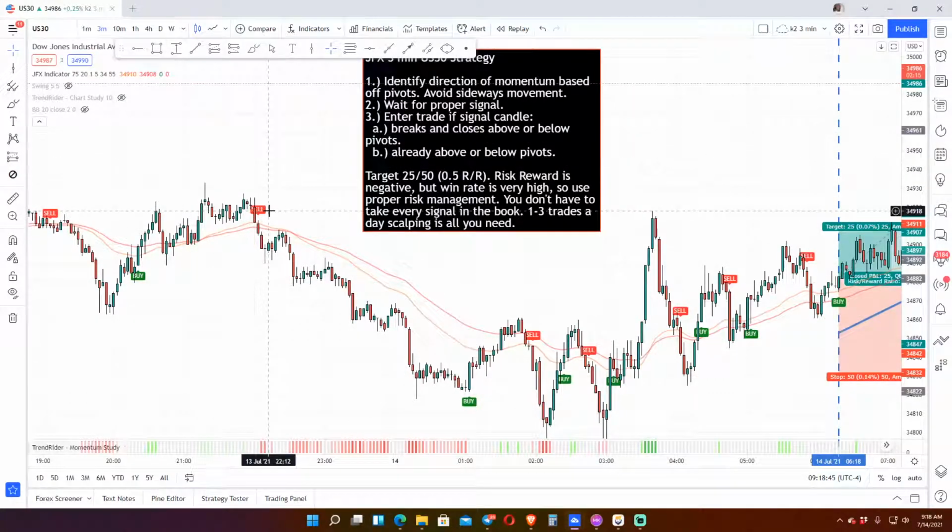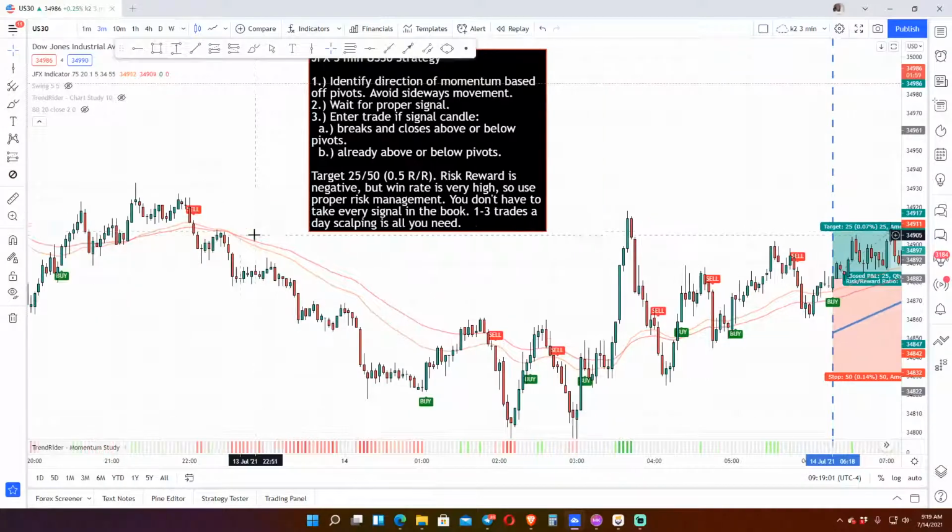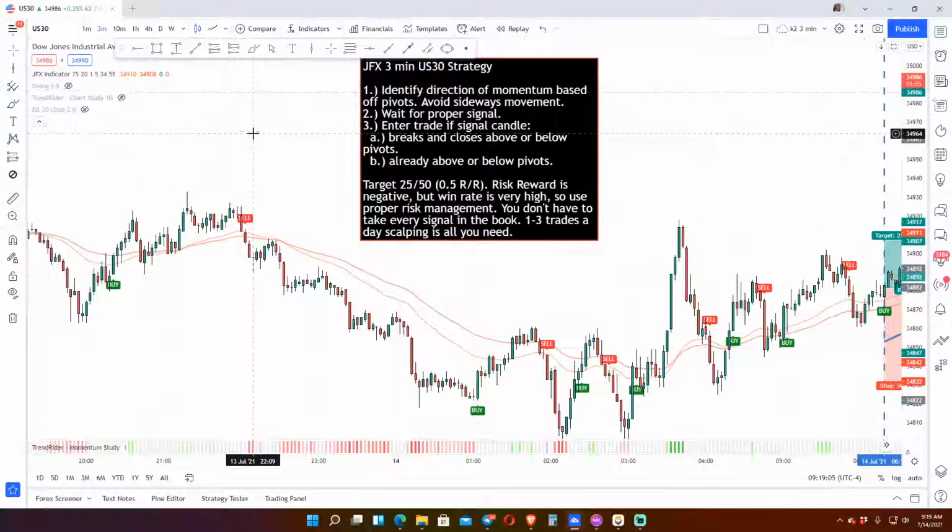It breaks and closes below the pivot. As you can see, the price was above these two pivots for a while, and then this candle here just breaks past the two pivots, and then it closed after the 3 minutes, because each one of these candles are 3 minutes long, right?